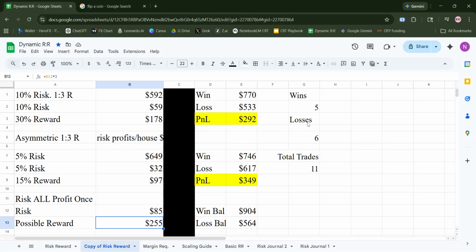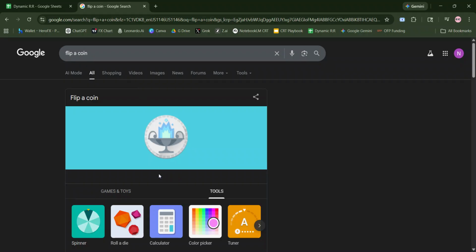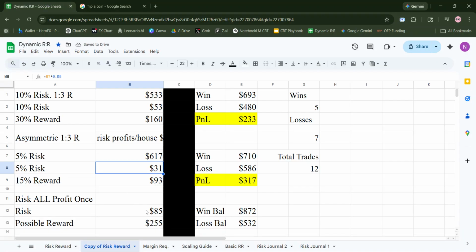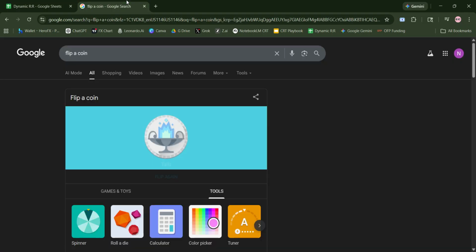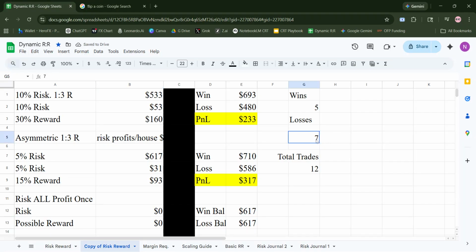Okay, that's a loser. So loss balance is 533, 617. Next trade. Make sure I zero out the risk there. That's another loser. 480, 586.